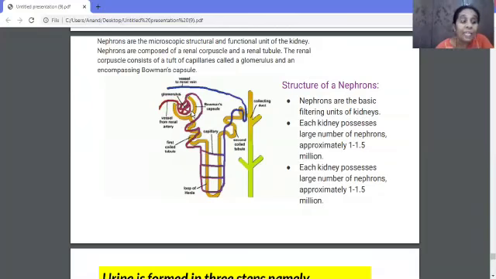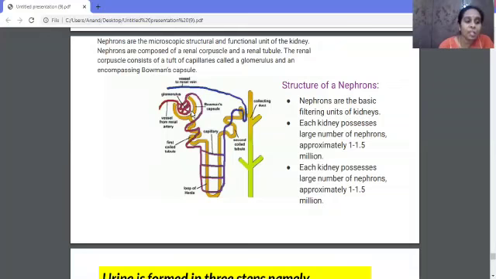Now what does the filtrate consist of? From the blood the nitrogenous waste and so on have been removed. The filtrate contains essential nutrients as well, because everything gets filtered there. Essential as well as non-essential substances are removed.